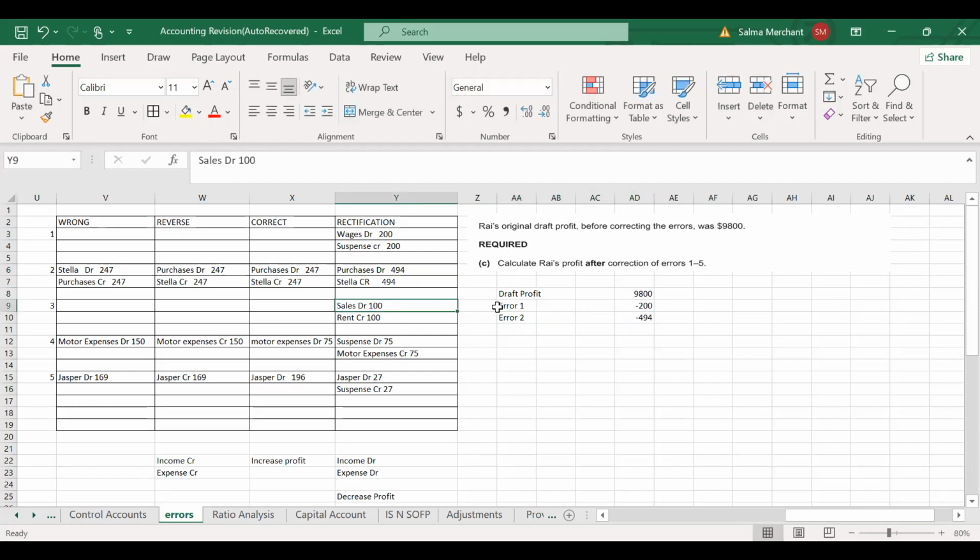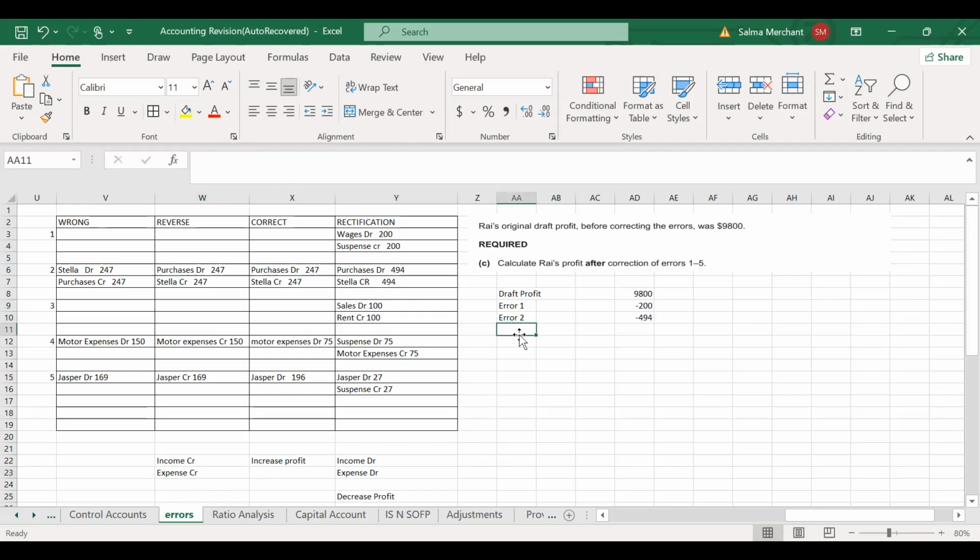Third entry. It's both for this one. Sales is an income and income is debit, so this is going to decrease your profit. But the rent is credit. Expense is credit, so this cancels out. Once it is going to decrease, once it is going to increase.